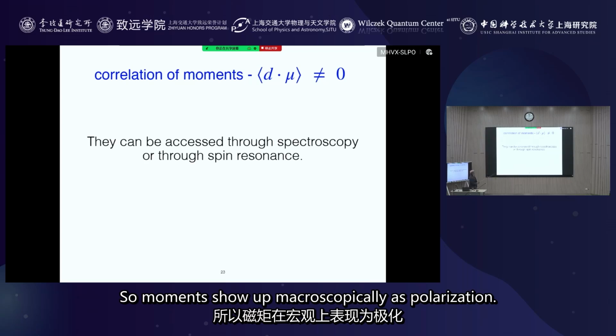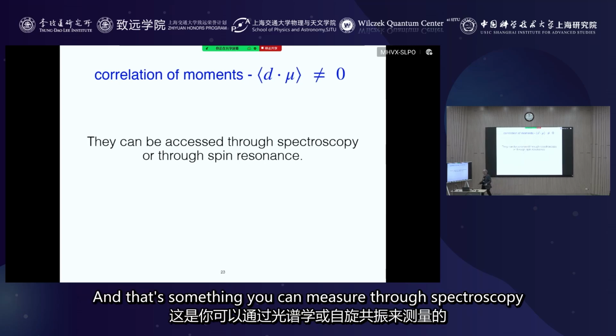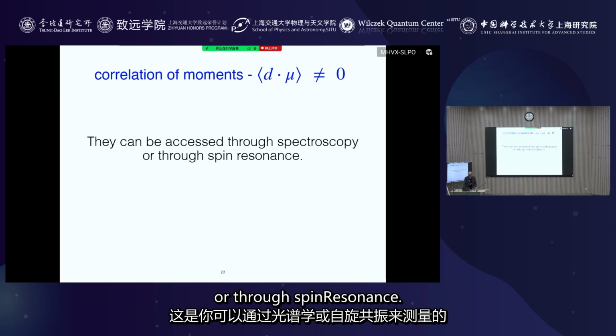So moments show up macroscopically as polarizations, and that's something you can measure through spectroscopy or through spin resonance.